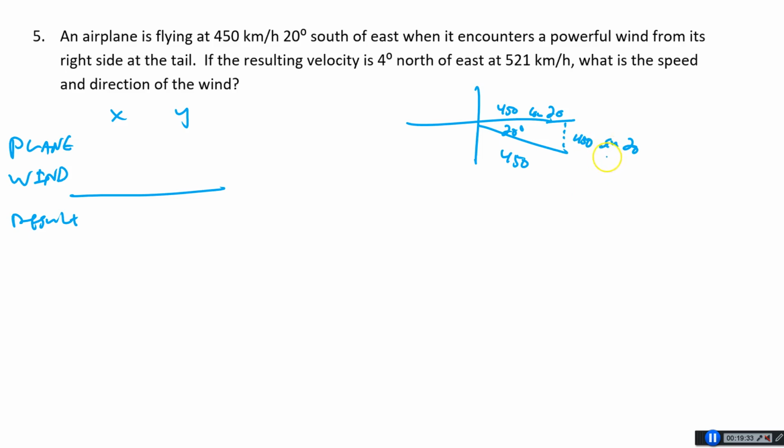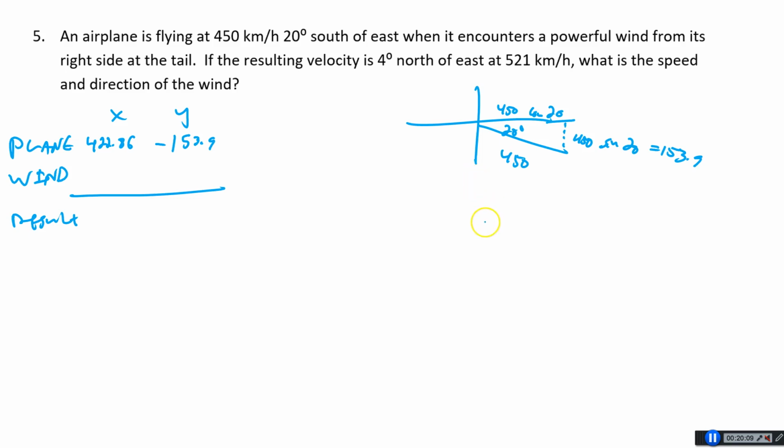So 450 sine 20 is going to be the y-coordinate of the plane. 450 sine of 20 is 153.9. And of course it's down, so I'm going to have to make it negative. So I have negative 153.9. The x, 450 cosine of 20, gives me 422.86. Much more right than down.